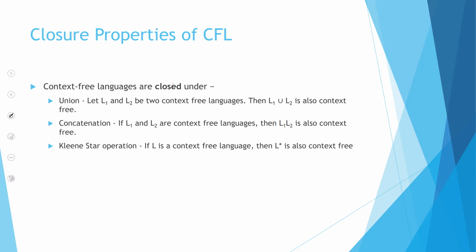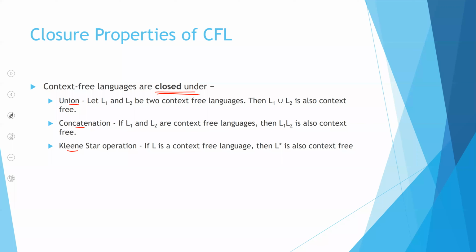Now, in closure properties, you have three kinds of properties: union, concatenation, and Kleene star. What we mean by closure properties is that context-free languages are closed under union, concatenation, and your Kleene star or your Kleene closure.